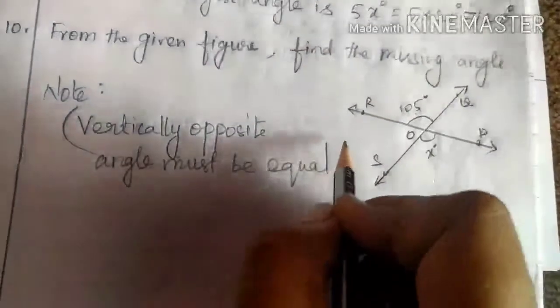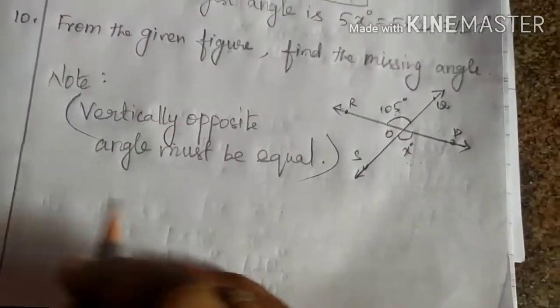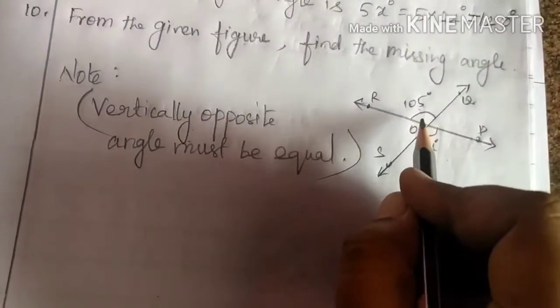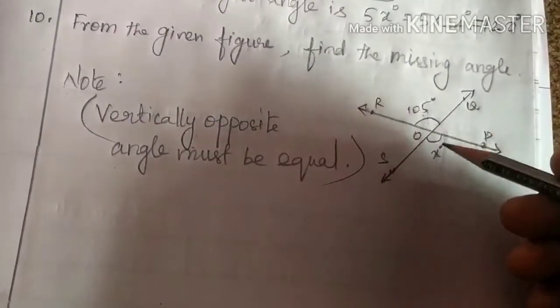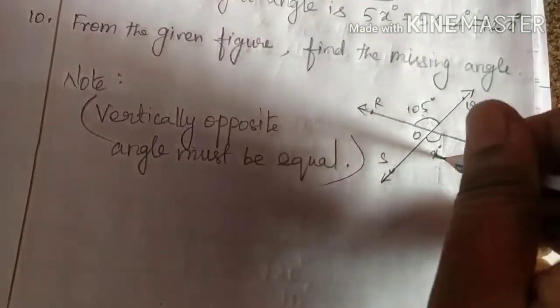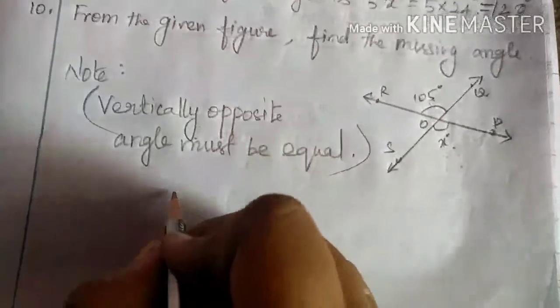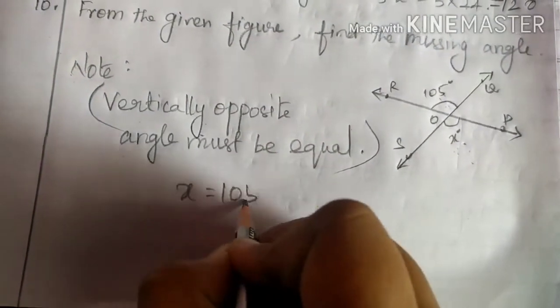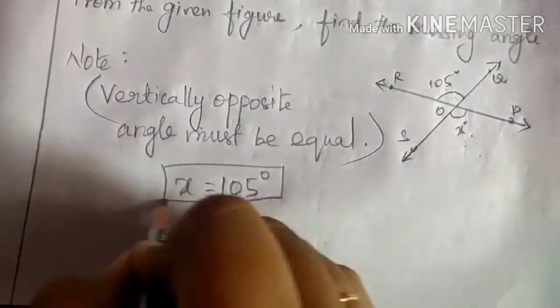Without doing any solving, you can tell me the answer. This is 105. This degree is vertically opposite to that 105 degree. So x equal to the same 105 degree is the answer.